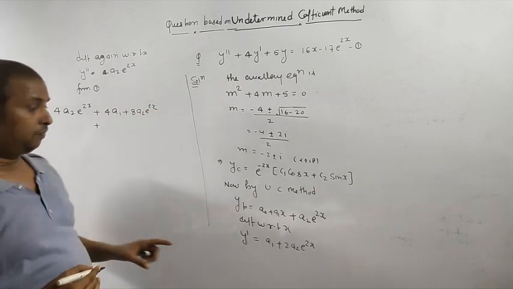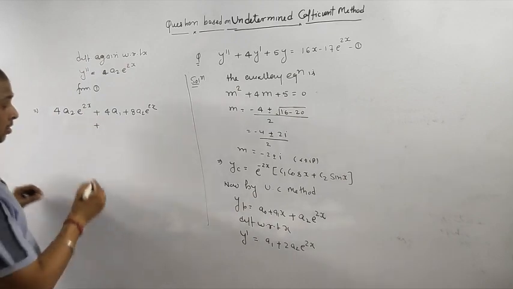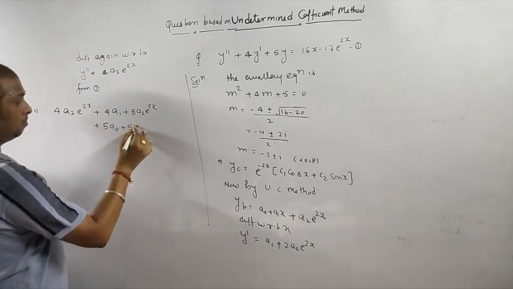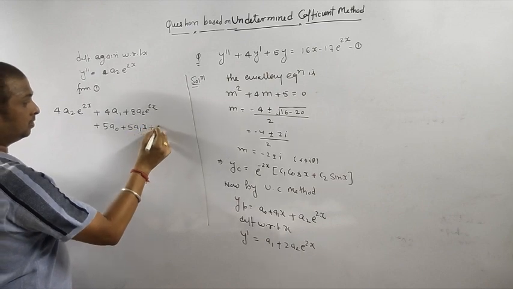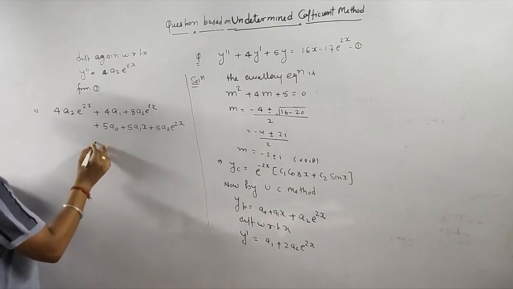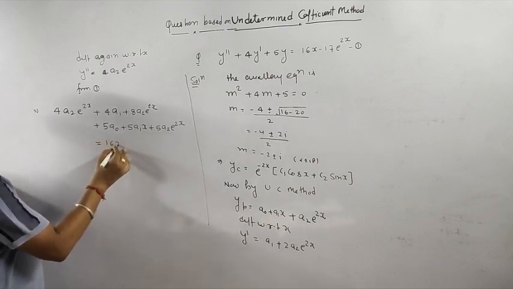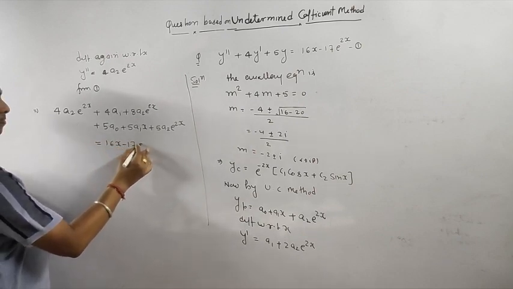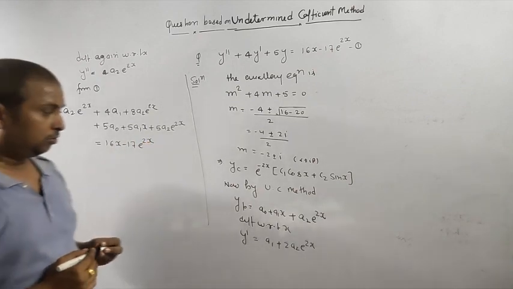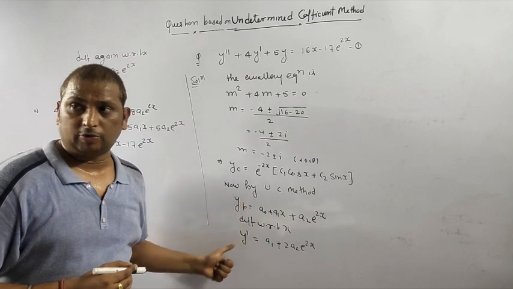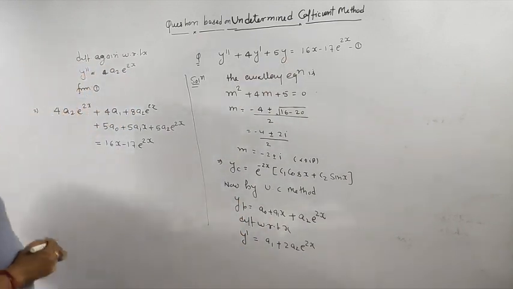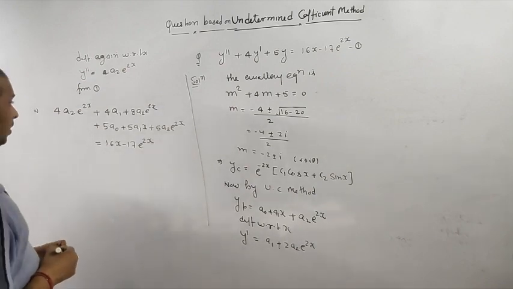Plus 5y. 5y means 5a0 plus 5a1x plus 5a2 e to the power 2x. What is the right hand side? So once you have calculated y dash and y double dash, put them in the given equation number 1.